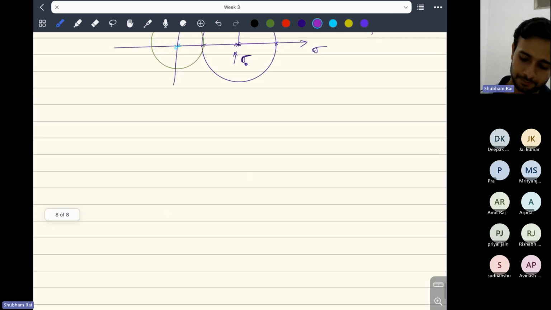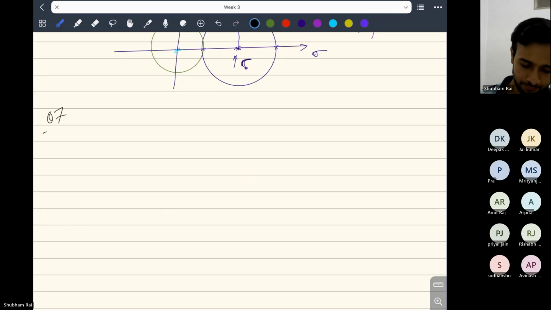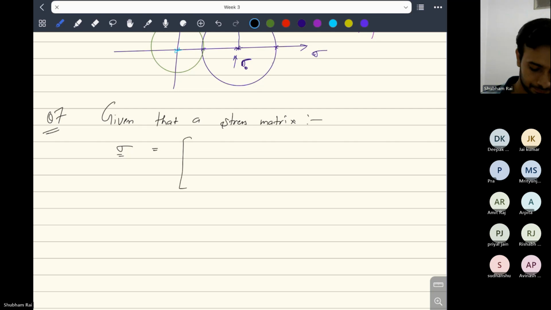So on to the next question. You have been given the stress matrix, denoted by sigma, given by 0, 100, 0; 100, 0, 0; and 0, 0, 0.